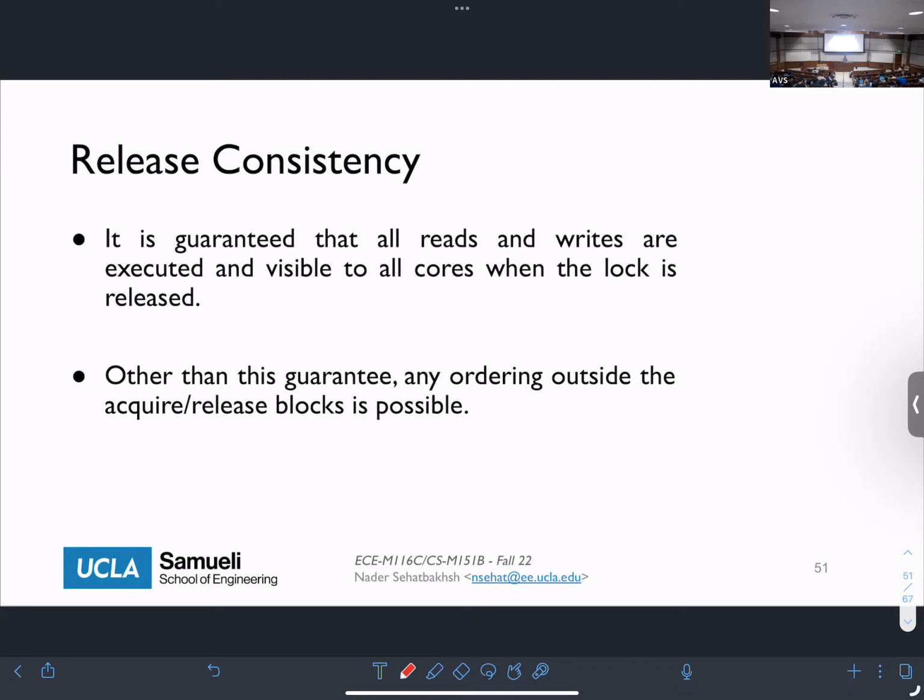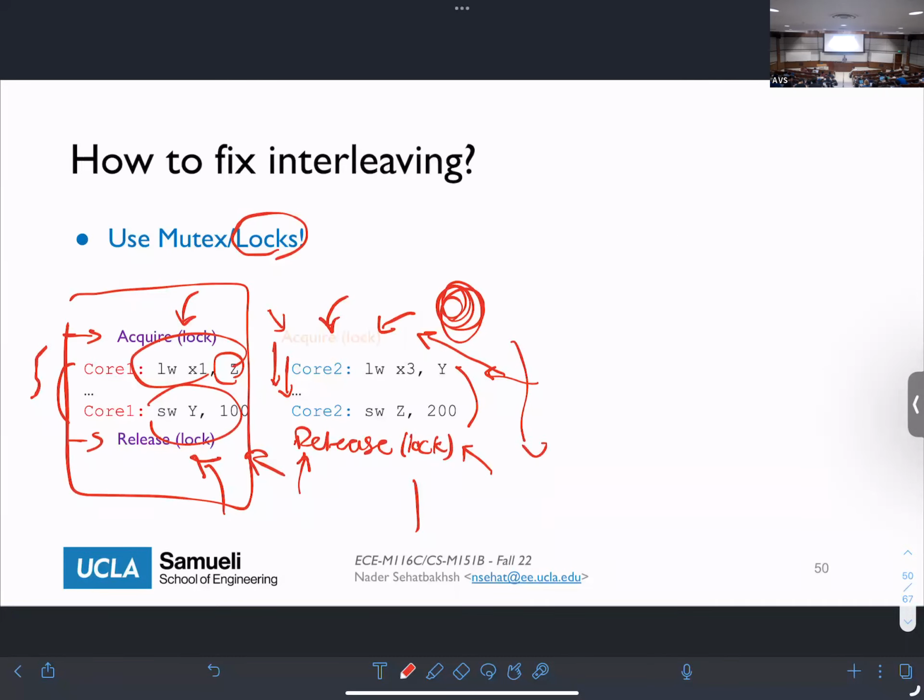Question. Z is equal to 200. If core 2 gets a lock, then Z would be equal to 200. If 1 gets a lock, we will talk about how to get the lock, but basically release consistency doesn't tell you which one happens first.